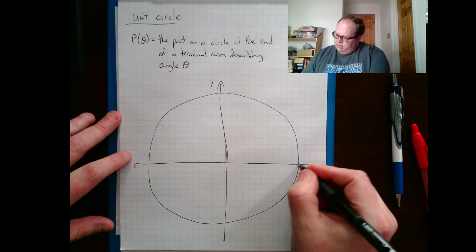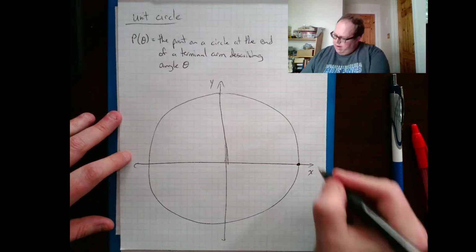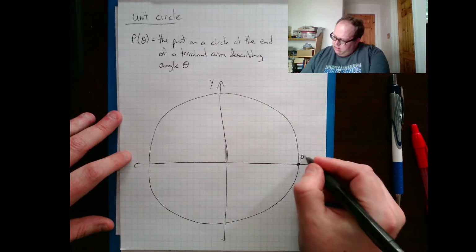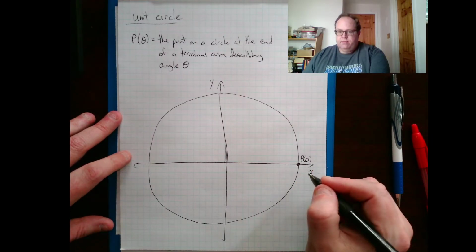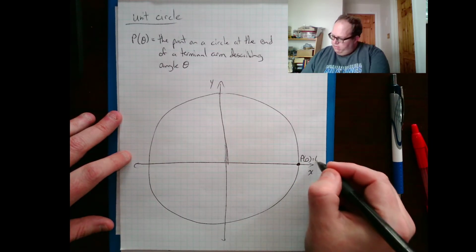So for instance, this point here I could refer to as P0, and it would have coordinates 0 and 1.